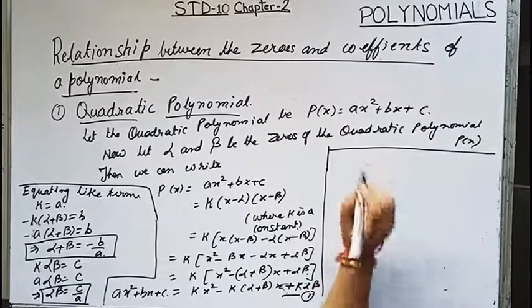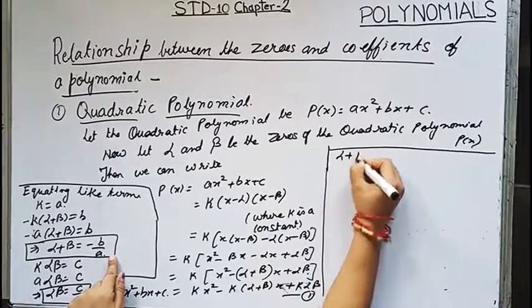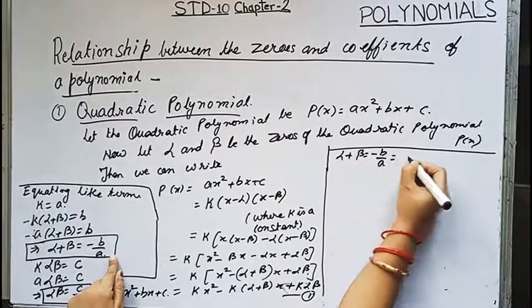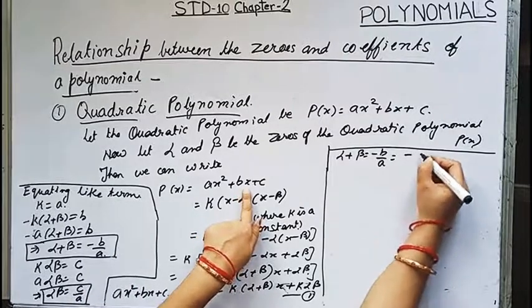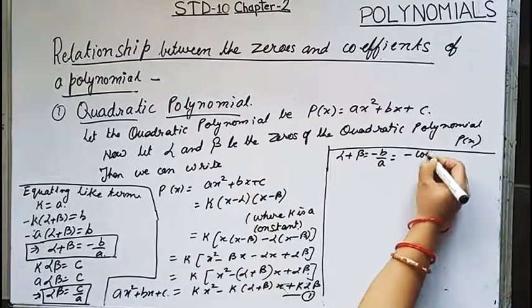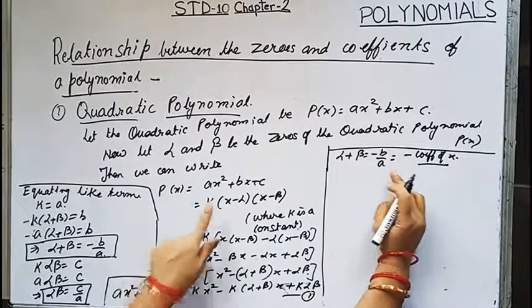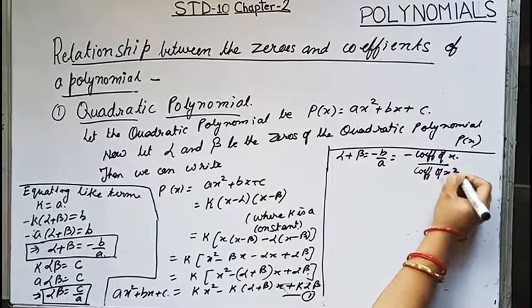Now students, we got alpha plus beta equals minus b by a. Minus b is minus the coefficient of x, and a is the coefficient of x square, so alpha plus beta equals minus coefficient of x divided by coefficient of x square.